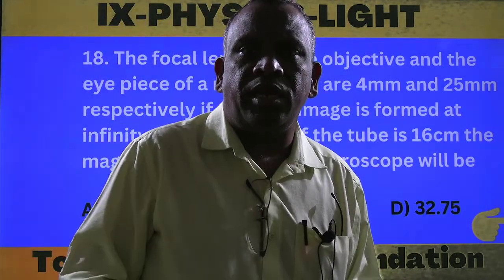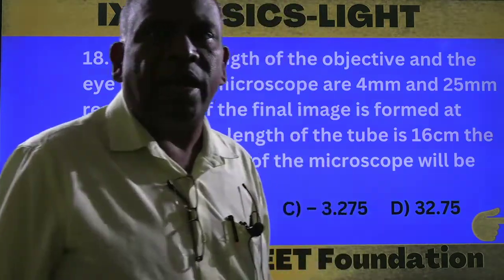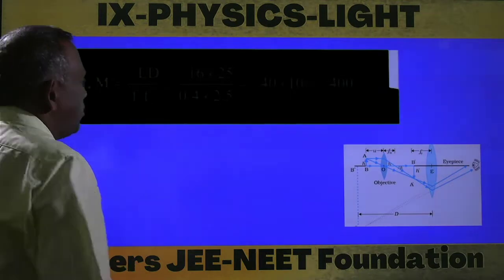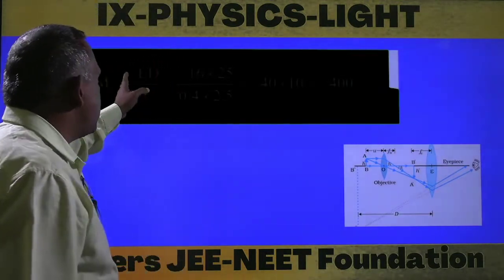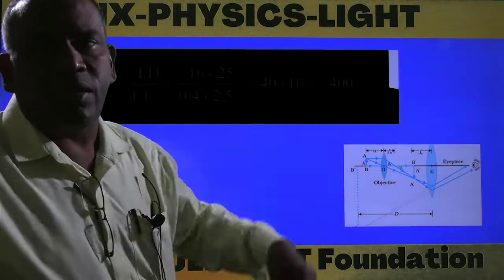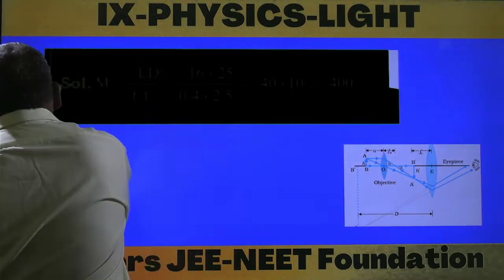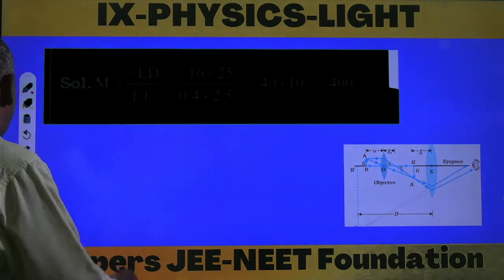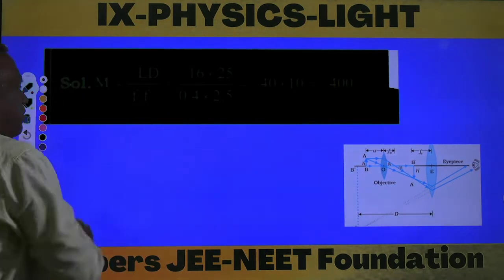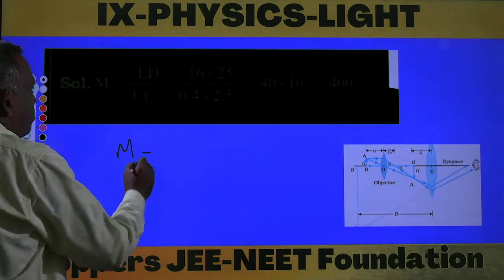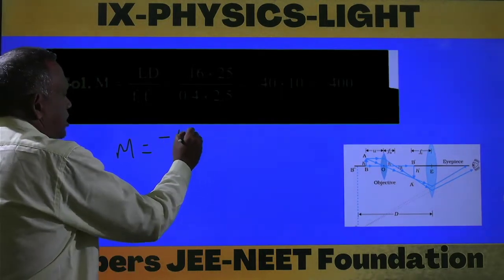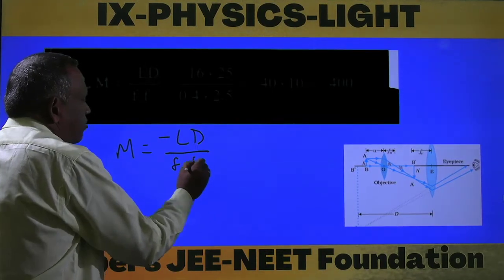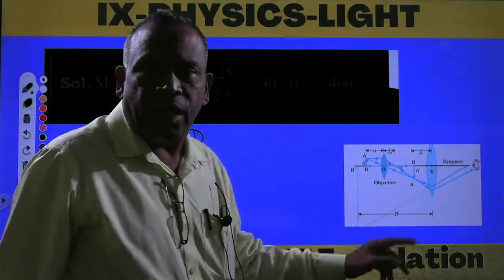When the image is formed at infinity, the magnifying power is minus L D divided by F naught F E. The formula, when the image is formed at infinity, is: magnifying power is equal to minus L D by the focal length of the objective lens into the focal length of the eye lens.